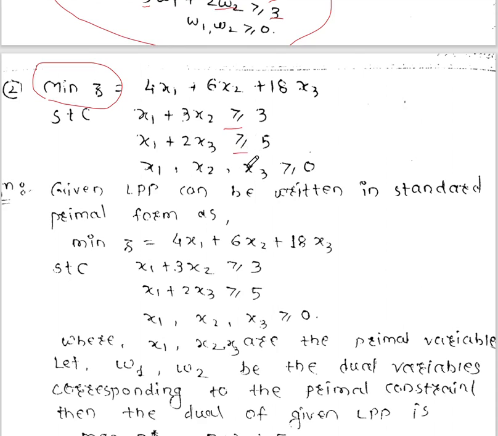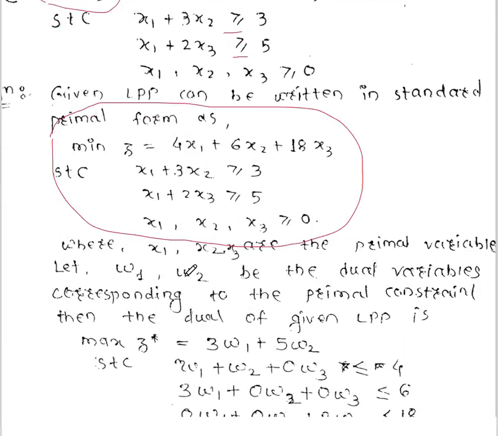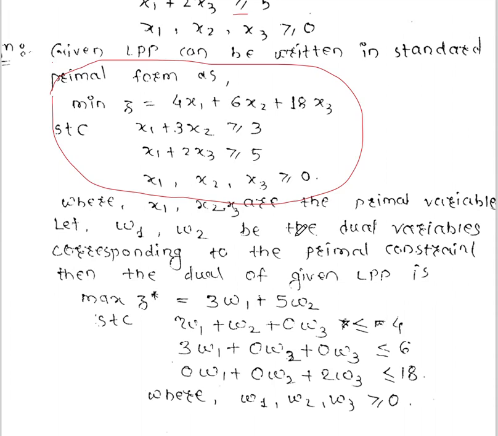So we can say that the given problem is already in the primal standard form. So x1, x2, x3 are called the primal variables.